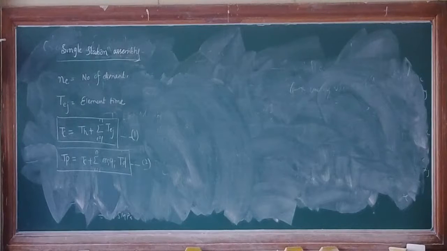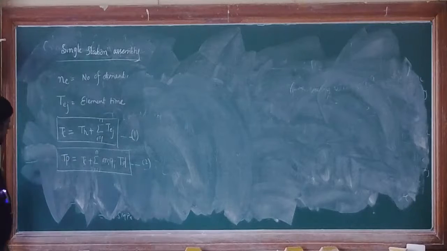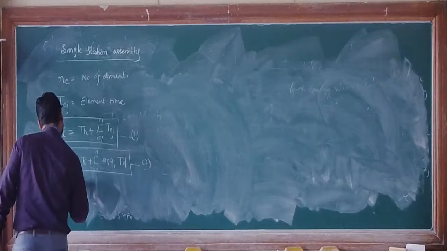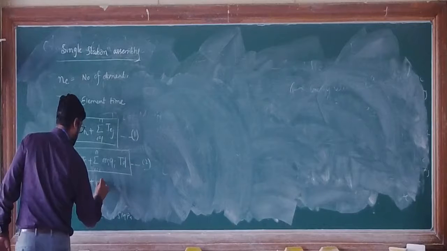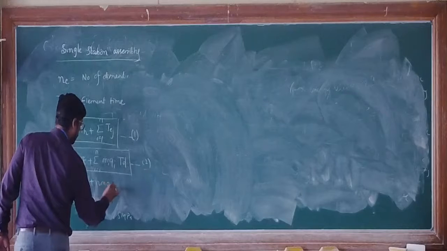The probability of station failure during element i and j, for the special case of equal Q and equal M values for the components added. At that time the equation becomes Tp is equal to Tc plus n, the number of machines, M into Q into Td.